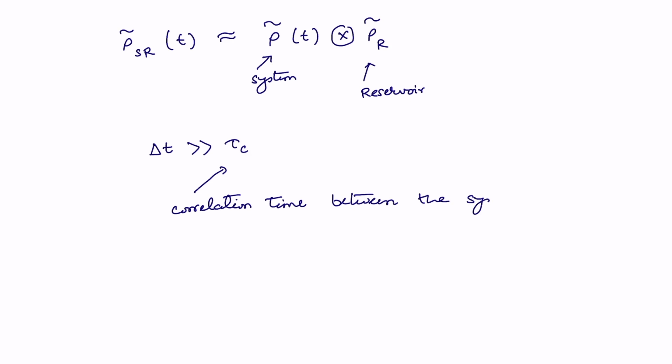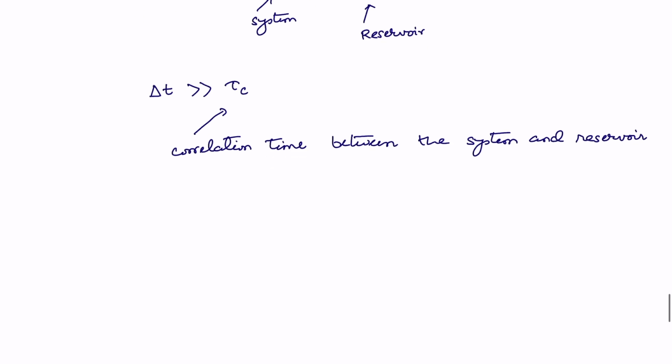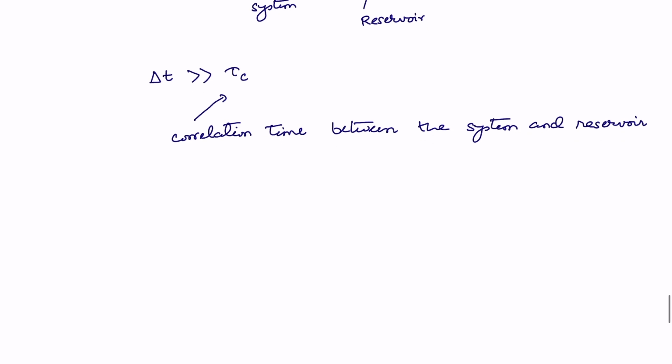As you can see, the correlation between the system and the reservoir happens only for a very small amount of time, and that's the reason I can utilize this assumption. In fact, this basically means that we are smoothing out the fast dynamics on the time scale of tau c or even smaller.